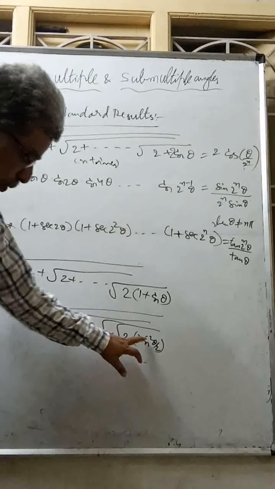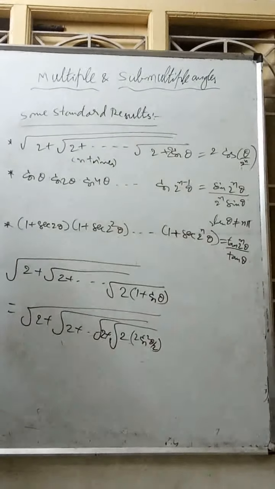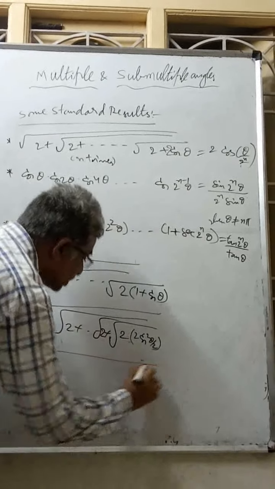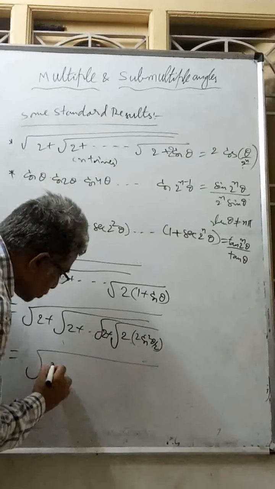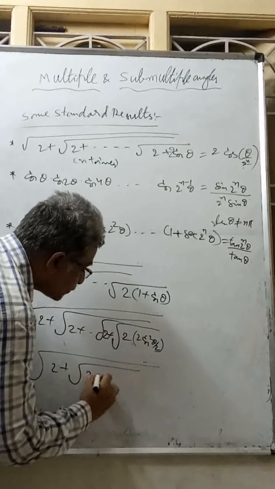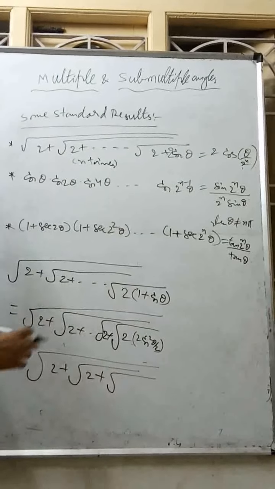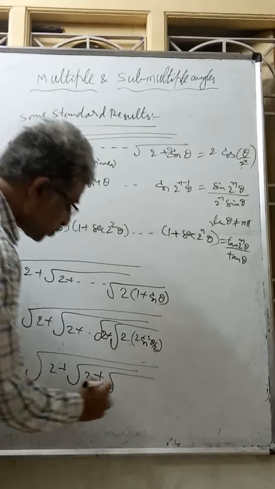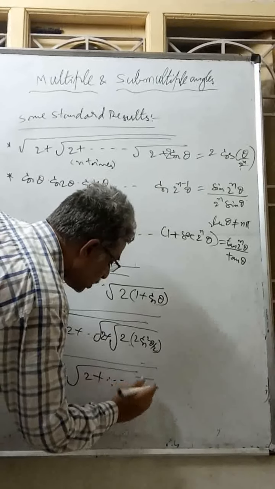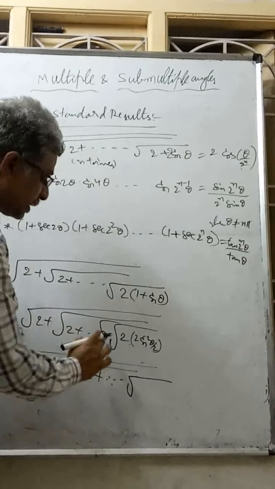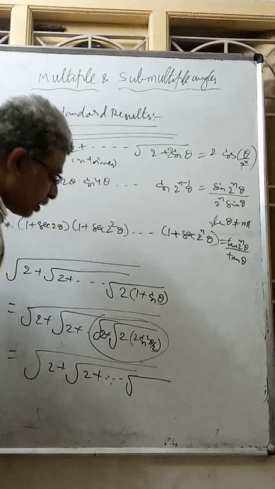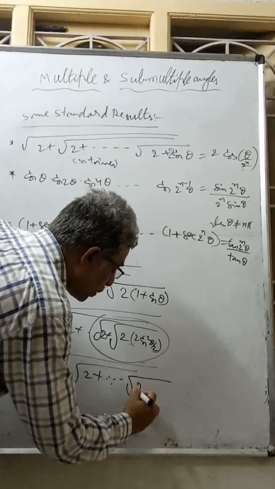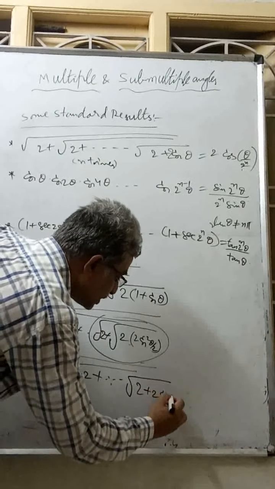So this is 2 plus, this becomes 2 cos theta by 2. So for the second time it becomes 2 plus root of 2 plus, this is now 2 into 2, 4 and so on. In this last bracket, this part will become like 2 plus 2 cos theta by 2.